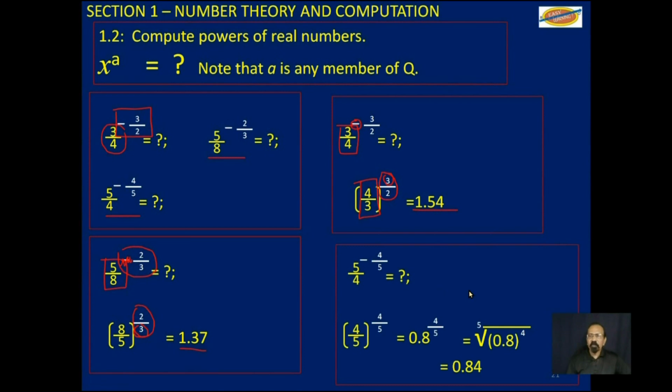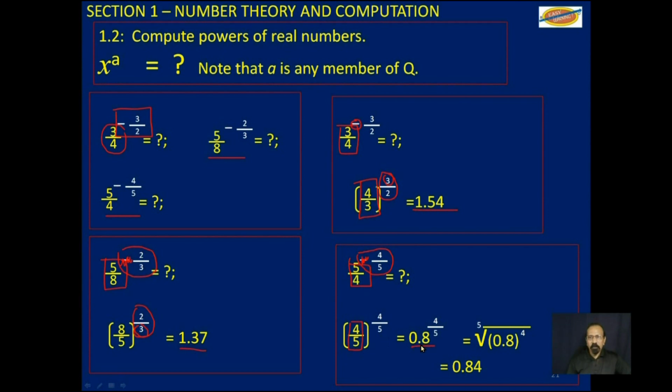And lastly, 5/4 to the -4/5. You invert this, and in that way, you get rid of that negative there. So you get 4/5 to the 4/5 power. So you work this piece out here, 4/5, you get 0.8.